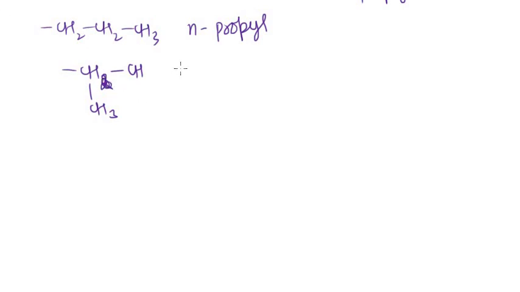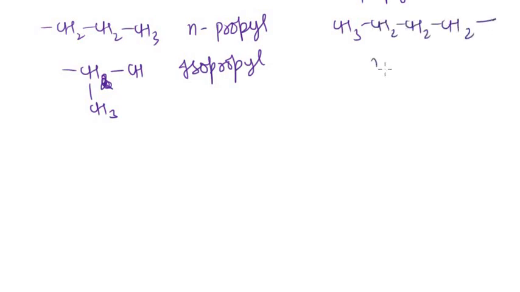Okay, now it is called isopropyl. If we have CH3, CH2, CH2, CH2, then it is called normal butyl. If we have an OR group, it is called alkoxy.